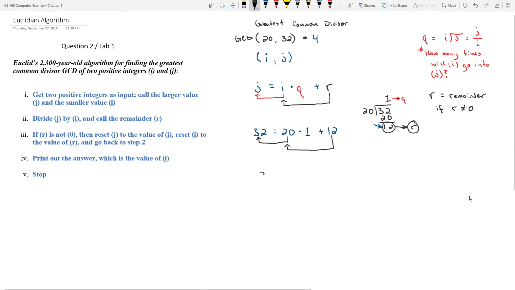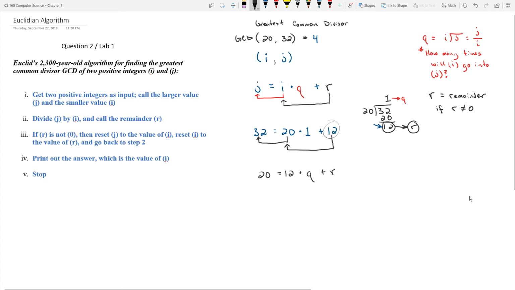So we now have 20 is equal to, and where 20 used to be, for I, we now have the value 12. So we're moving 12 to the position that 20 used to have. We are going to multiply by Q, reset our variables, plus R, the remainder.